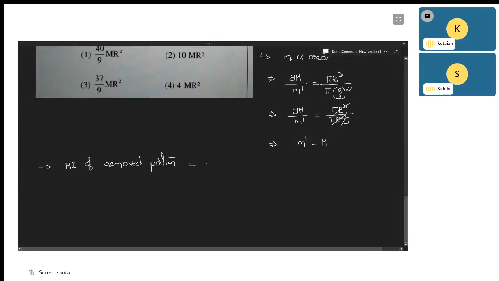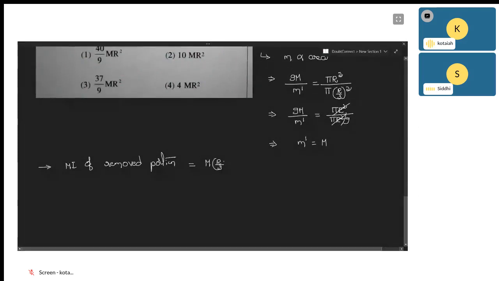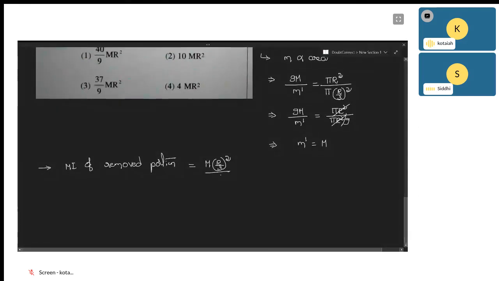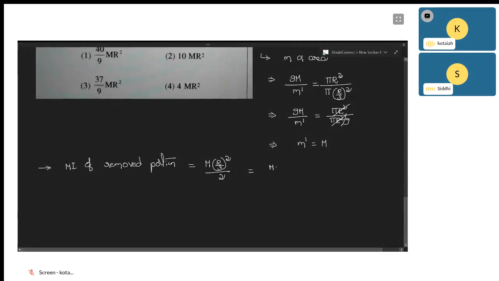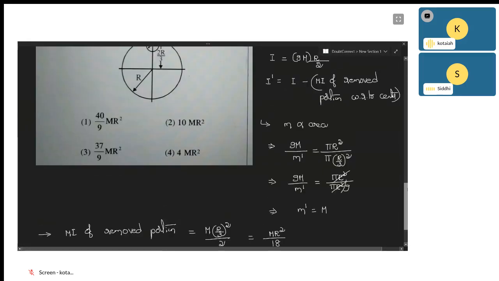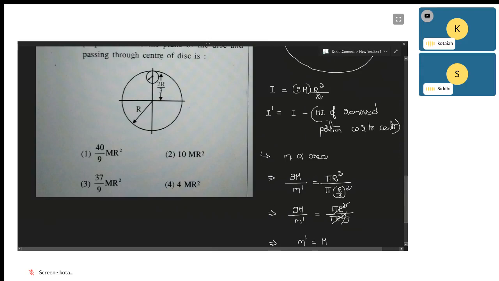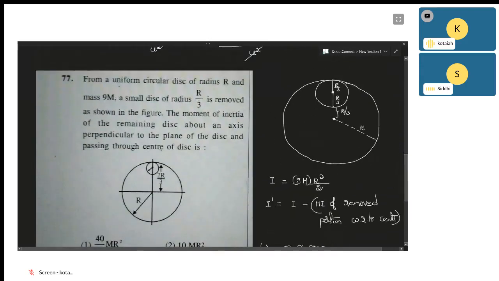That means its mass, which is M, into its radius whole square, radius is R by 3 whole square, by 2, right? Is equal to MR square by 18. Done. But when you substitute in the formula, we require the moment of inertia of the removed portion with respect to center. That means with respect to this point.